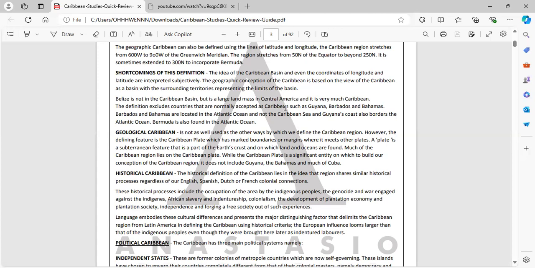So I'm guessing they're saying the definition of the Caribbean cannot only be the geographic, that it cannot only be countries which are located based on geography.